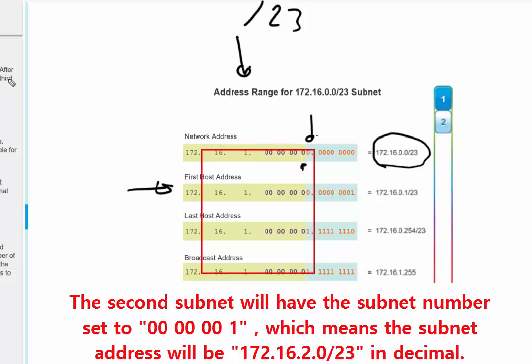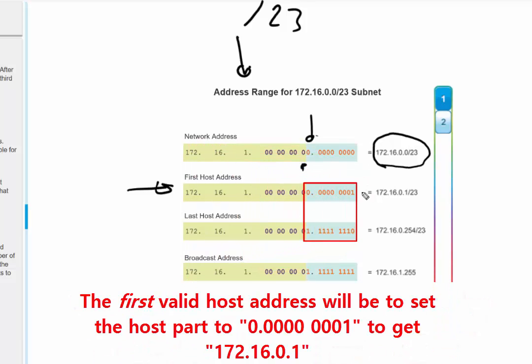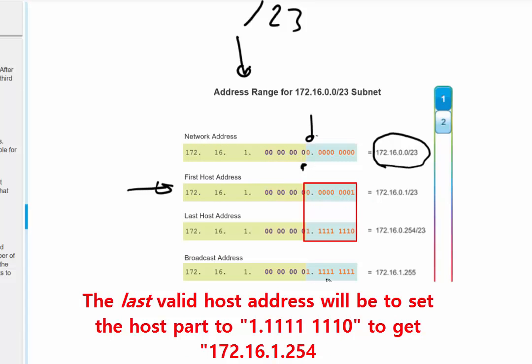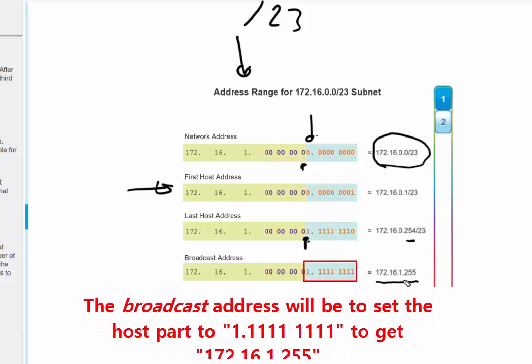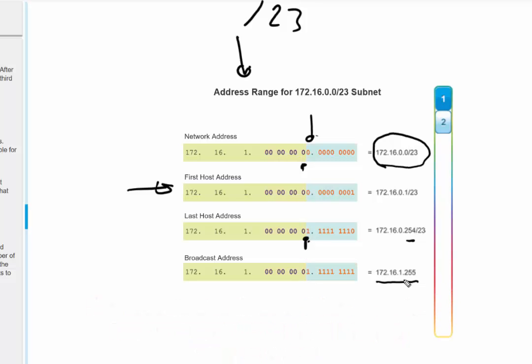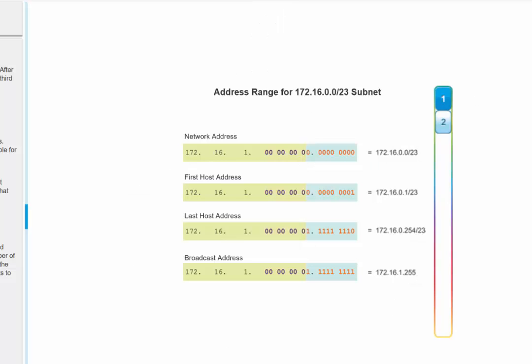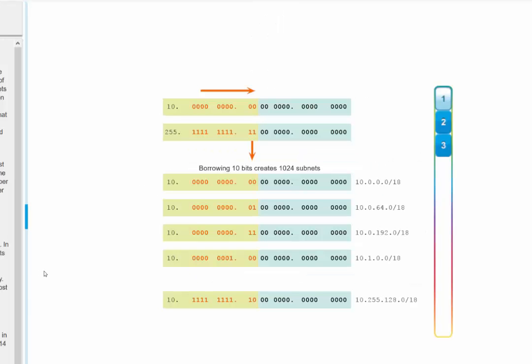The range of the host addresses is to increment this by 1, and then to set all the bits to 1 except this bit, and this will be 172.16.1.254, which is 255 minus 1, and this will be /23. And of course, the broadcast address will be 172.16.1.255. So it's exactly the same as what we did before, but this is more advanced or more complicated, using a different number of subnets.